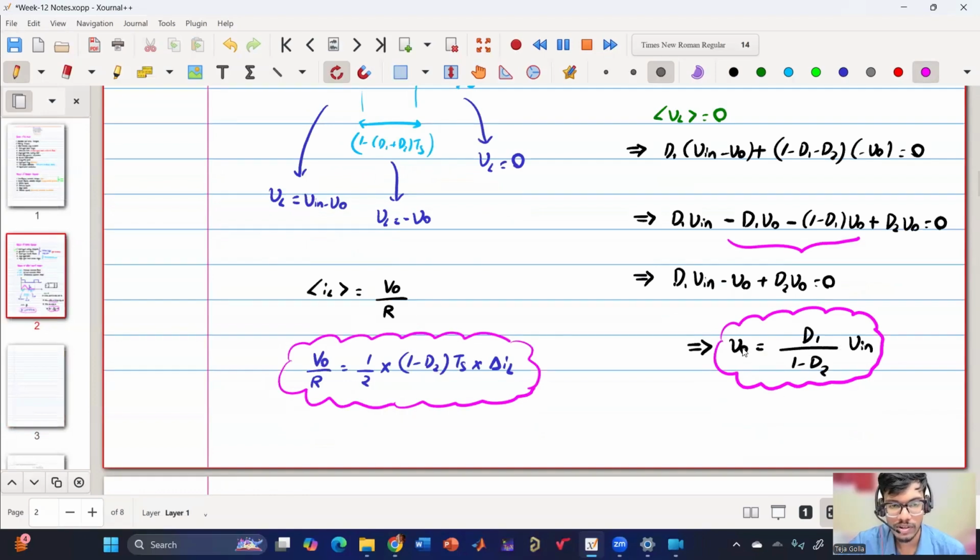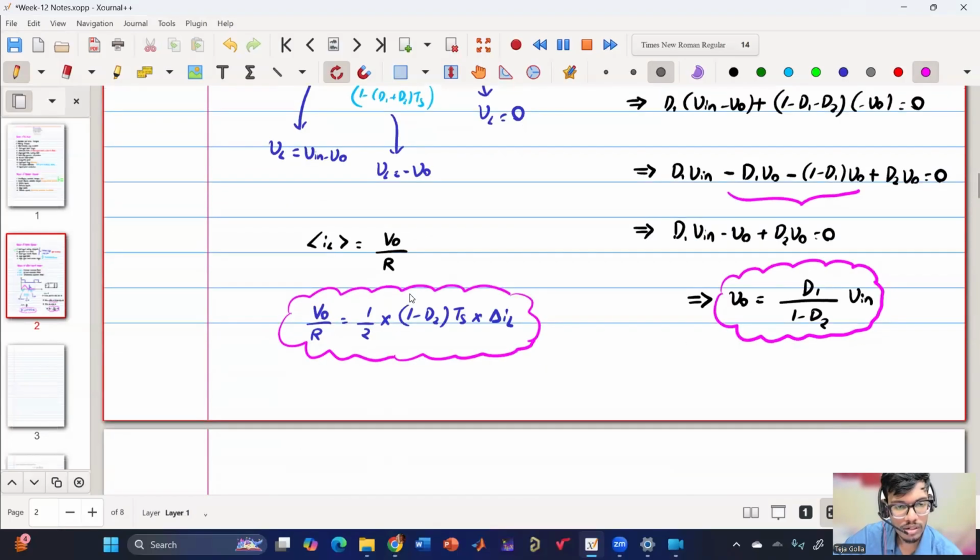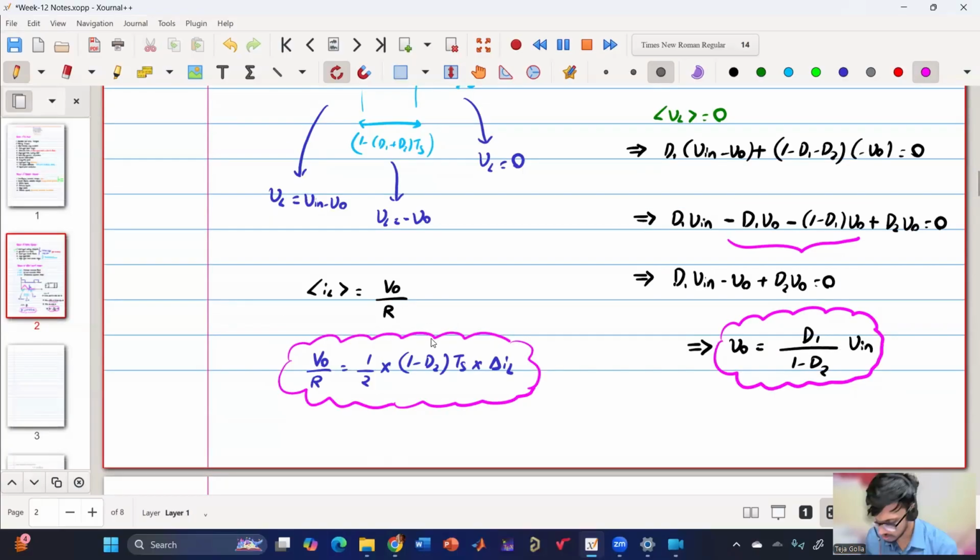So you take this V0 on the other side, and then everything you will get in terms of V0. Basically, here we do not know what D2 is, so we have to find D2. That D2 I am finding from the average current. So this Ts will not be there. This is half base into height into delta I by Ts. So this is what we will be getting.